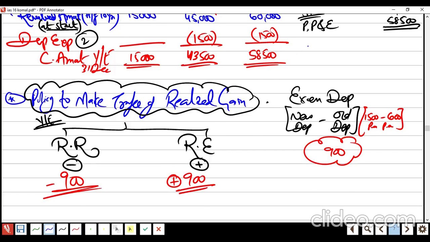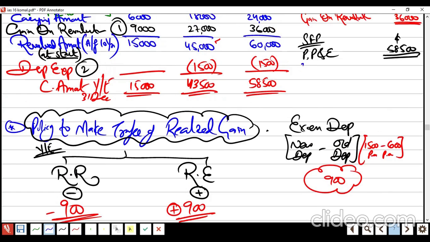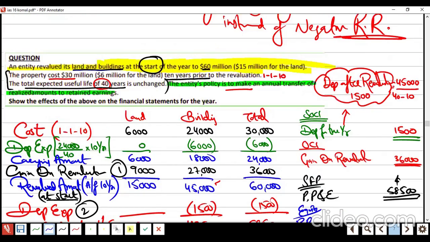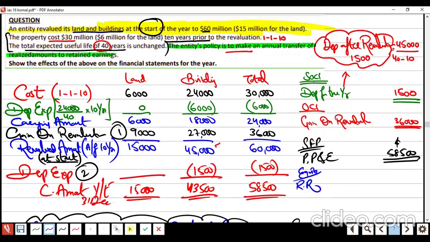Now in the SFP we are making here, we do have equity. In the equity, revaluation reserve, do we have any opening balance? Any opening revaluation? No, we don't have any opening balance, right? How much are we adding? 36,000, correct?